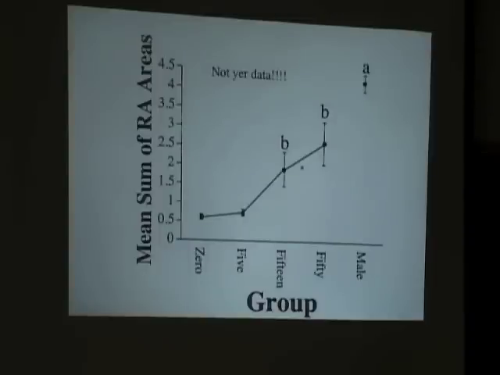And the 50 and 15 group were different from the 5 and the 0 group, but not different from each other. Let me say that again in slow motion. The 50 and 15 group were different from the 5 and 0 group, but they weren't different from each other. And that was, I think, P less than 0.05.